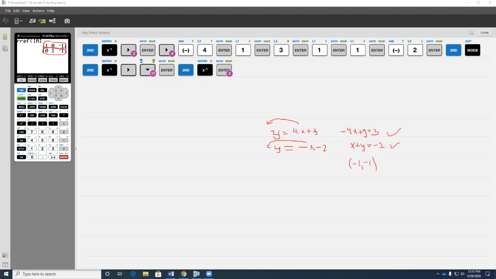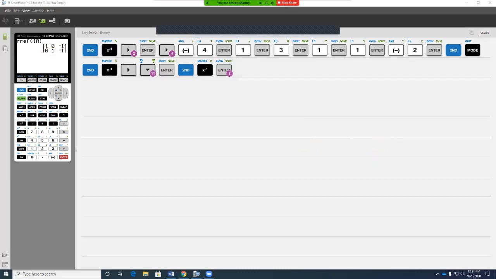Let's do one that's a little more complicated. Suppose we have negative 7x minus 2y is equal to negative 13.